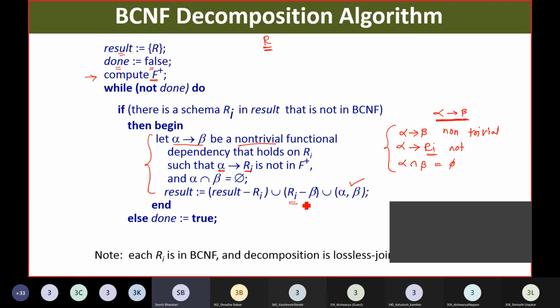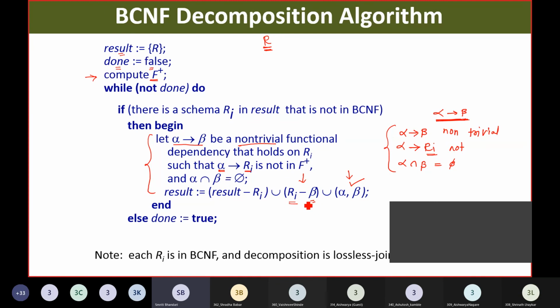The relation under consideration, minus the right hand side of this functional dependency, so all the attributes other than the right hand side of the dependency will form one relation, and the combination alpha beta will form another relation.